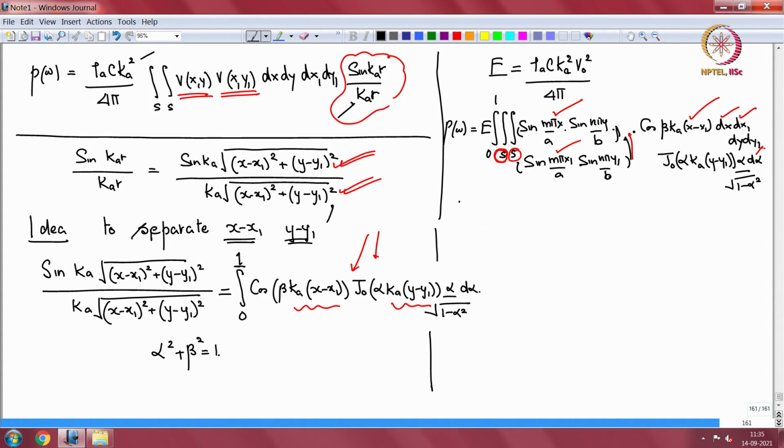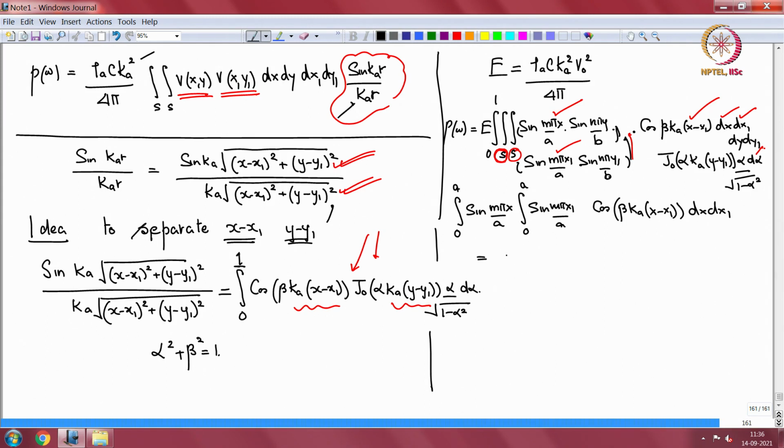So we have the integral 0 to a of sine m pi x by a, integral 0 to a of sine m pi x1 by a, okay, then cos beta ka (x minus x1) dx dx1.